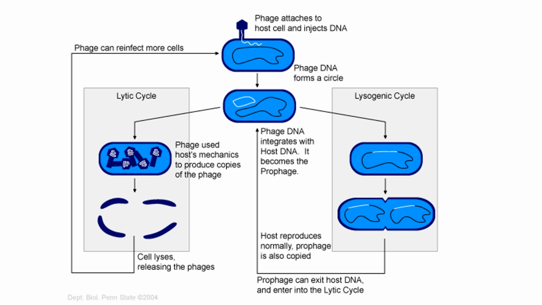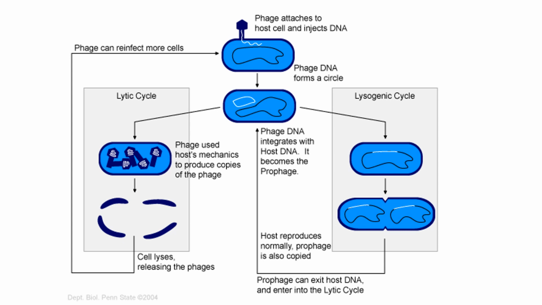If it is not part of the bacterial chromosome, it will not be replicated in any binary fission. So this is why this is important. This is called the lysogenic cycle, right? So in this way, the phage DNA can stay in the bacteria.